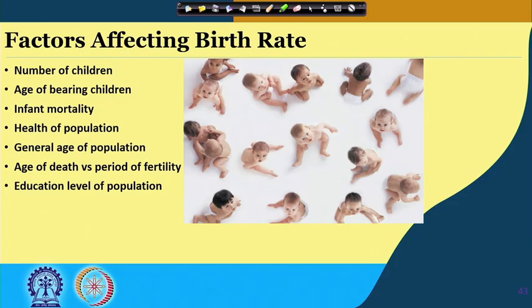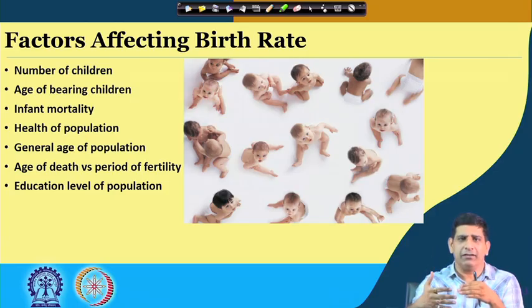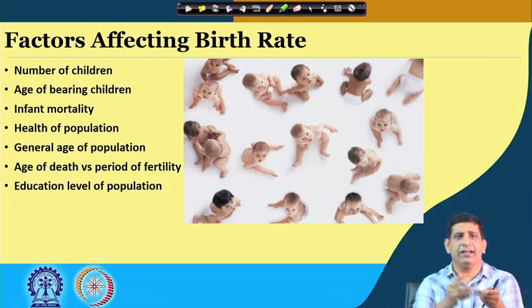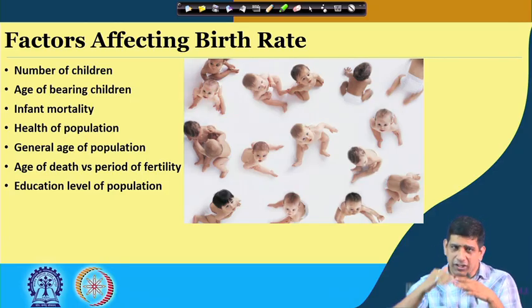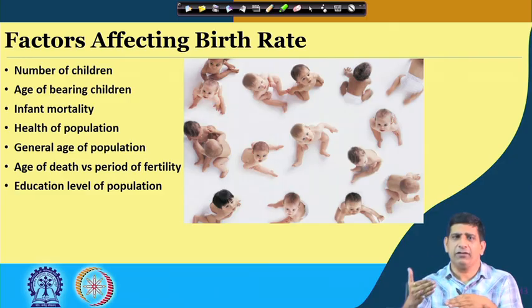But that's a different discussion. So people are getting married late, and that is also affecting it. Infant mortality has gone down compared to earlier. Earlier, more children used to die before the age of 5. That has gone down, so that is having a positive effect on the increase in population.